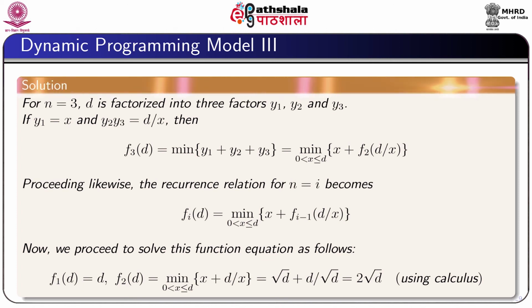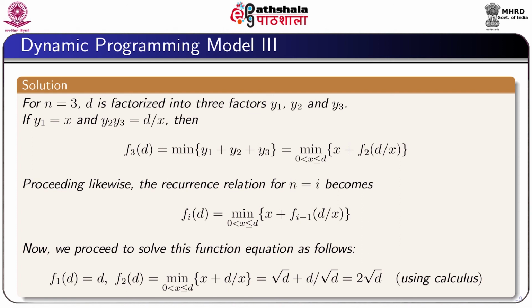Then f3(d) is equal to minimum of y1 plus y2 plus y3, which is equal to minimum of x plus f2(d by x), where 0 less than x less than or equal to d. Proceeding likewise, the recurrence relation for n equal to i can be obtained as fi(d) equal to minimum of x plus f(i minus 1)(d by x), where 0 less than x less than or equal to d.